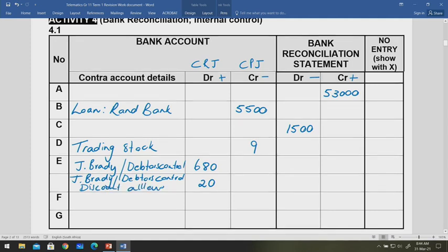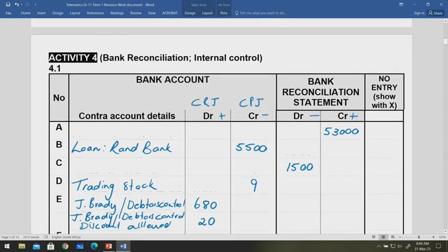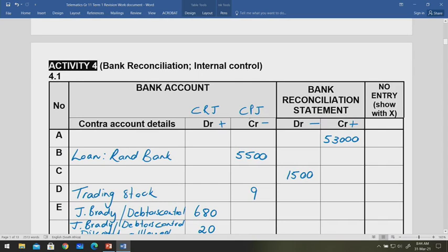Now, if you think about this logically, when we do the CRJ, we have the debtors control column and we have the bank column. Then we have the discount allowed column. Now, in this case, we received 680 Rand.